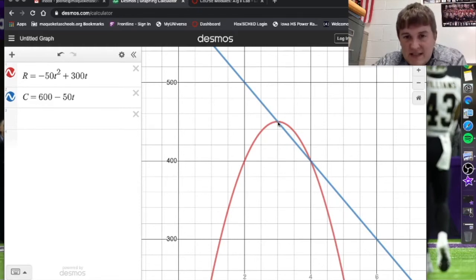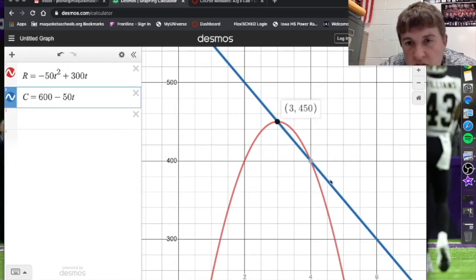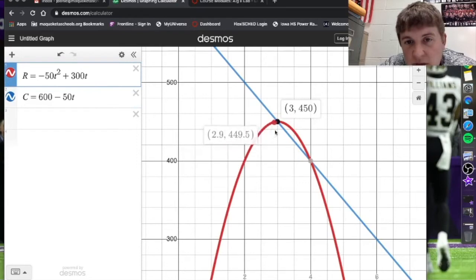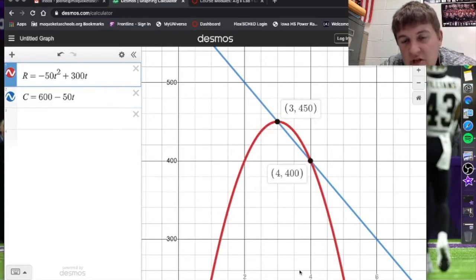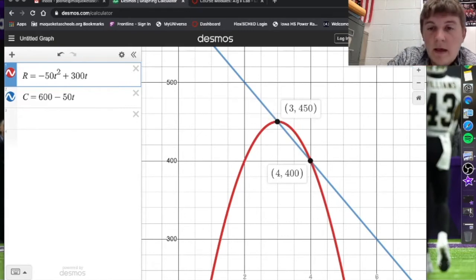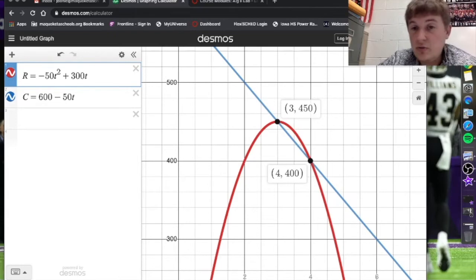As I highlight one line here, I can trace it, and it creates these gray points. As I click those gray points, those are my intersecting points. So it intersects at two different spots for us. It will break even when x is 3 and when x is 4.